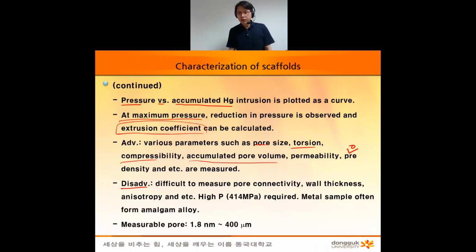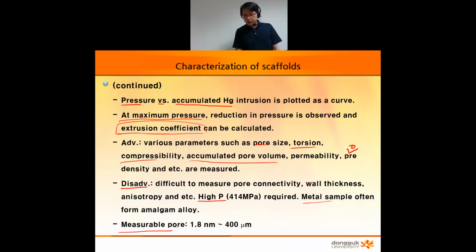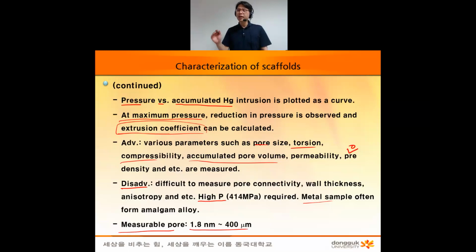And also, very high pressure, about 415 megapascal, is required. And sometimes scaffolds made by metal cannot be utilized because metal often makes amalgam alloy when they encounter mercury. The measurable pore size distribution is between 1.9 nanometer to 400 micrometer. It's a quite wide range of measurable pores.